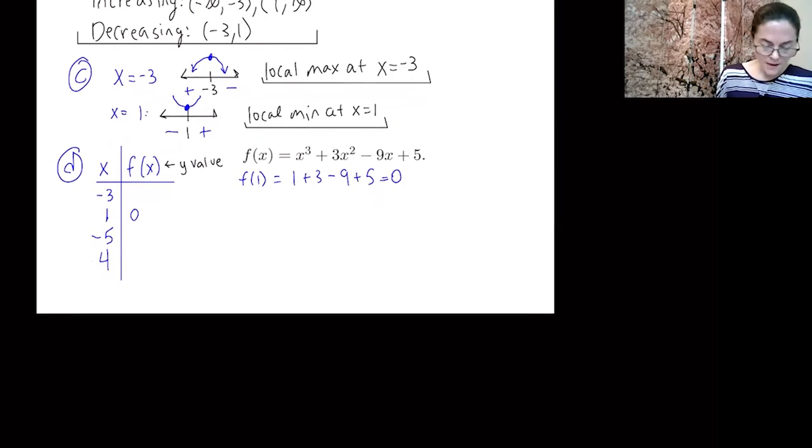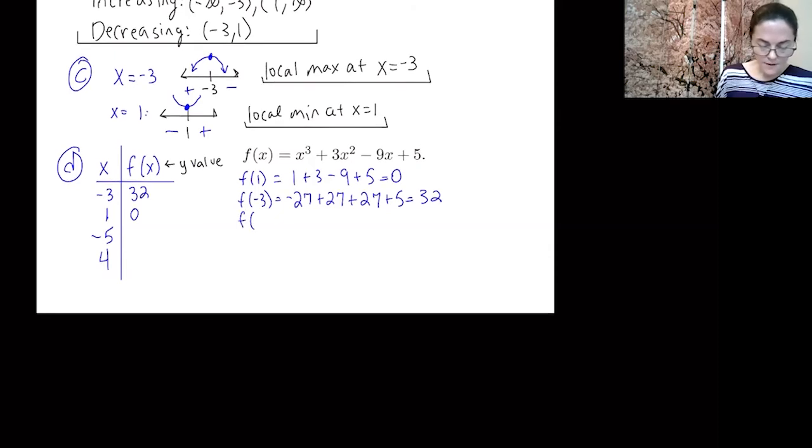And then at -3, this is minus 27, plus 27, and then another plus 27 plus 5. The function is 32. Okay, so here y equals 32.